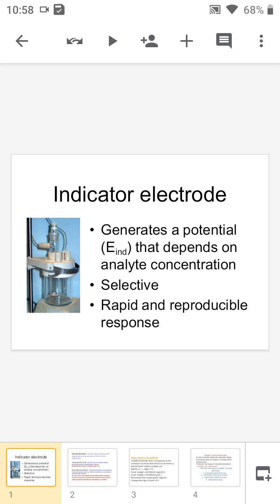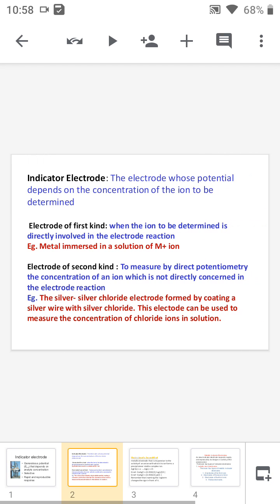This indicator electrode is very selective to that particular ion, the measurement is very rapid, and we can reproduce the data at any time. So this is the definition of the indicator electrode: the electrode whose potential depends upon the concentration of the ion to be determined.